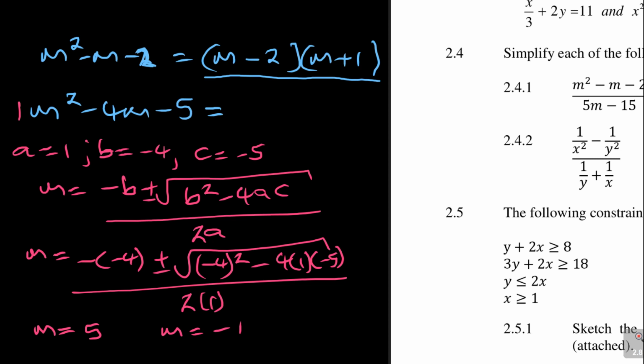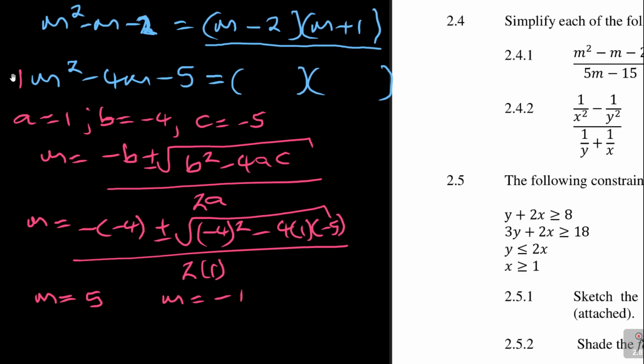Now when you factorize this, what you do, you open your two brackets. So what you're simply doing is you take this value back. So you'll have m minus 5 is equal to 0. See, it was positive, it goes back, and then you take minus 1 back, it will be m plus 1 is equal to 0. That's how you'll be solving this.